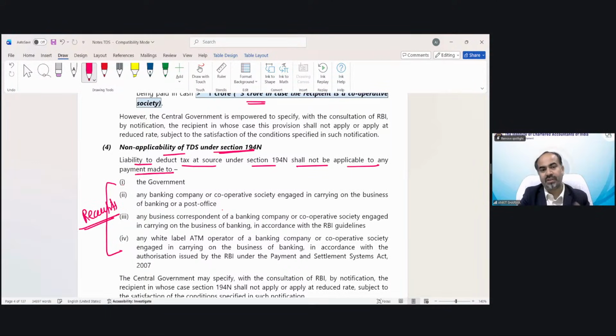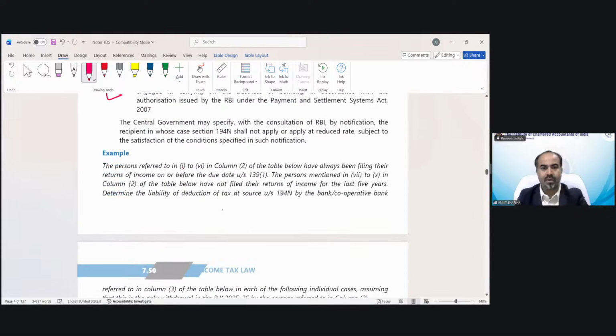Of course, if the government is withdrawing the amount, if a banking company is withdrawing cash from another banking company, or the post office, an ATM operator, any business correspondent or banking company is withdrawing the amount, then this TDS provision would not be applicable.